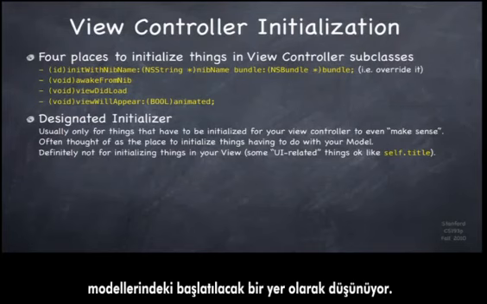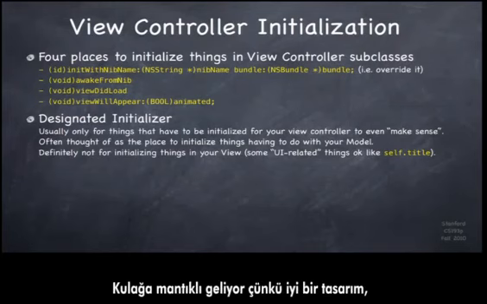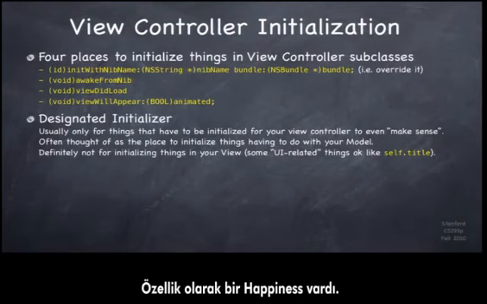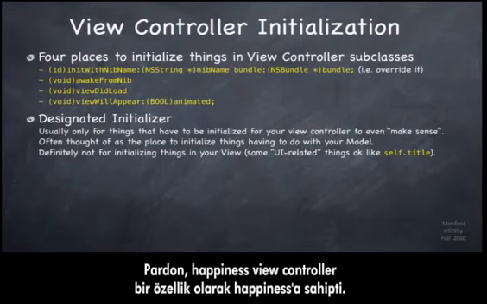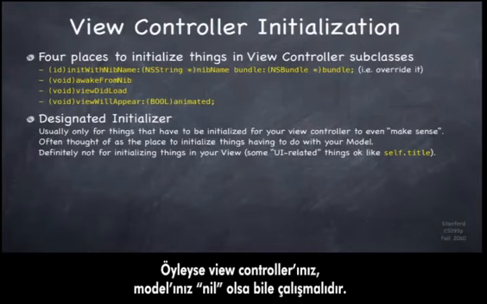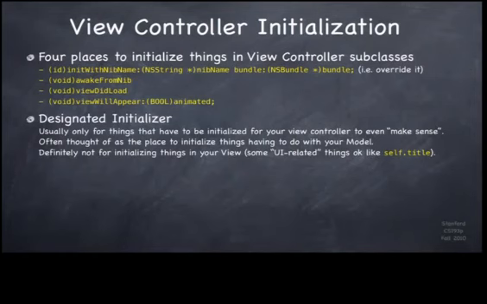Some people think of the designated initializer as a place to initialize things about your model, which is sensible, although good design also might just make your model be a property on your view controller, like we did with Psychologist, right? We had the happiness just be a property, the happiness view controller's happiness was a property. That's a pretty good way to go. So that just means your view controller has to work if your model is nil, okay?